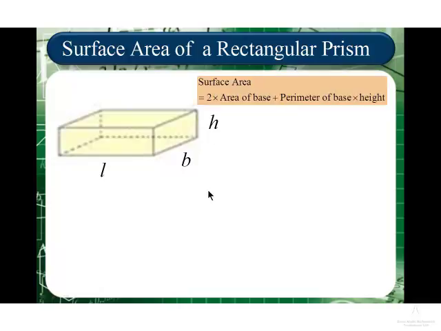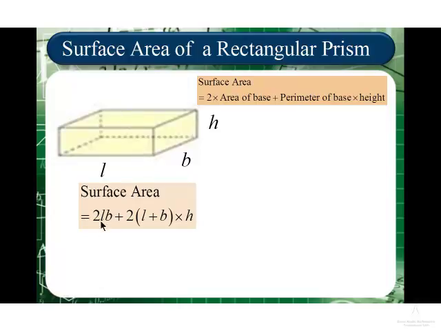From the previous slide we know that the outer surface area will be twice the area of the base plus the perimeter of the base times the height. And in this case, of course, this translates to 2 times L times B. Remember, L times B represents the area of the base. The area of the rectangular top in this case will be identical.